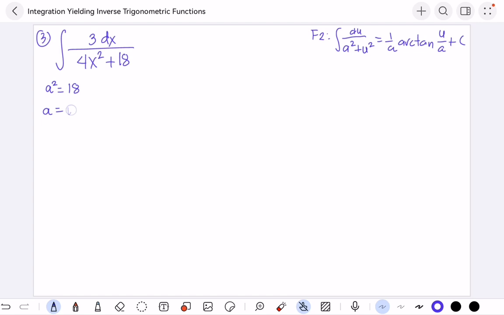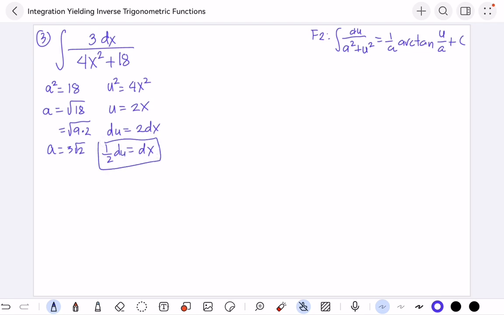Square root of 18, or square root of 9 times 2, so your a is 3 square root of 2. Next, what is your u square? The function, so I have 4x squared, and u is 2x, and thus du is 2 dx. We don't have a 2 dx, but we can solve for dx, and that is 1/2 du.